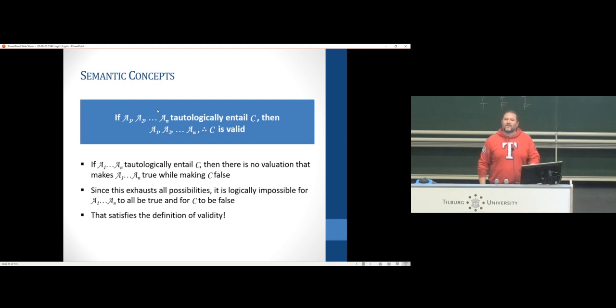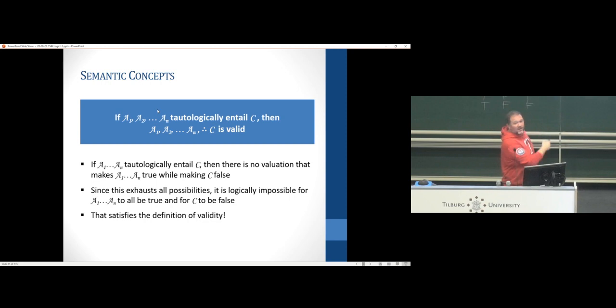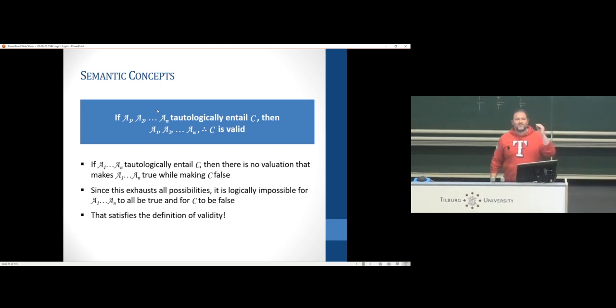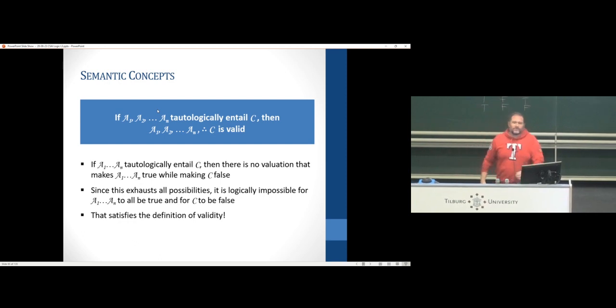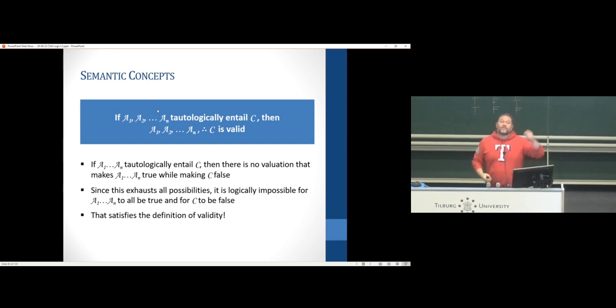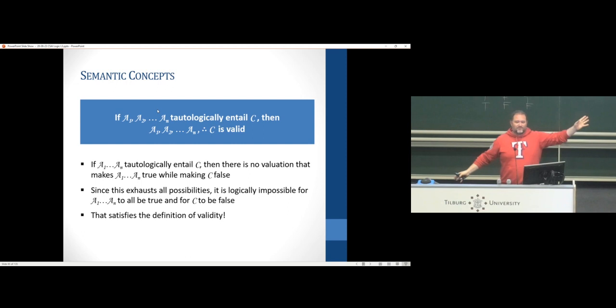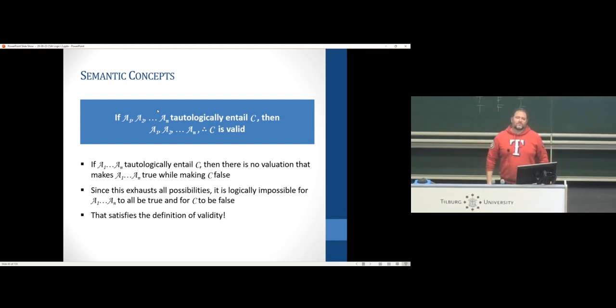So I'll say this again. If there's this relationship between these sentences and that sentence, then we know the corresponding argument must be valid. And it must be valid because, if A1 through AN tautologically entails C, it is impossible to make A1 through AN true and C false, which is exactly what validity tells us.